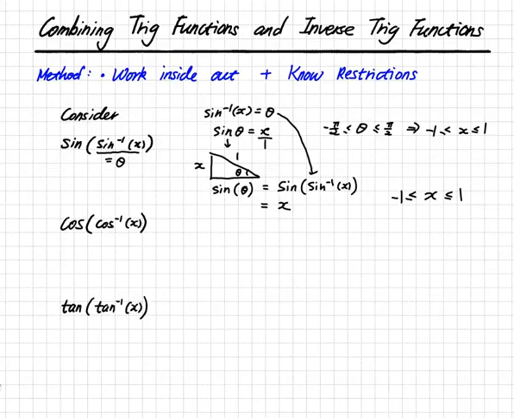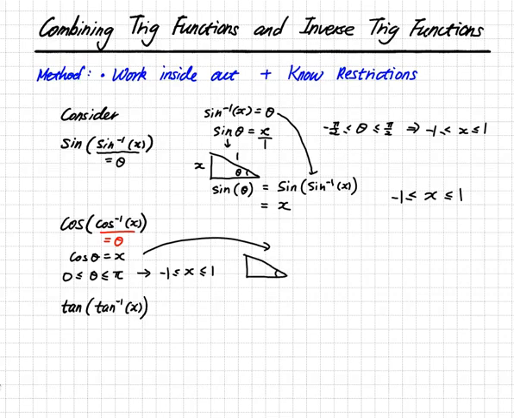Now let's have a look at the second one, cosine of cosine inverse of x. We can have a similar approach. We can say cosine inverse of x is angle theta. Rearranging, cosine theta equals x. Again, there's a restriction here: theta must be between pi and 0, and from here we know that x must be between 1 and negative 1. Based on this, we draw the right angle triangle.